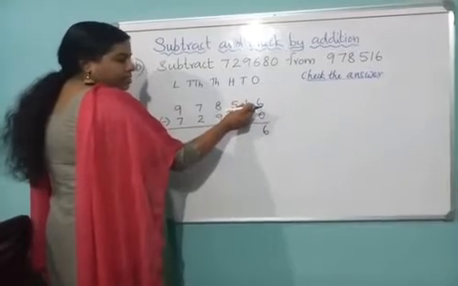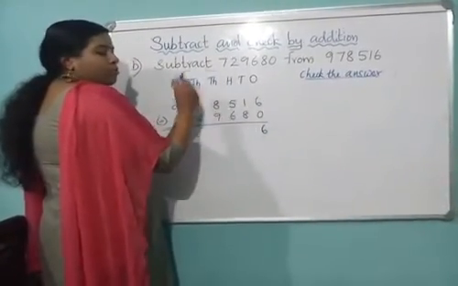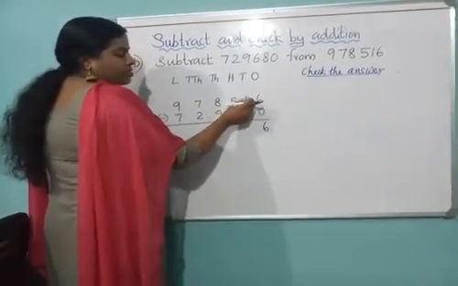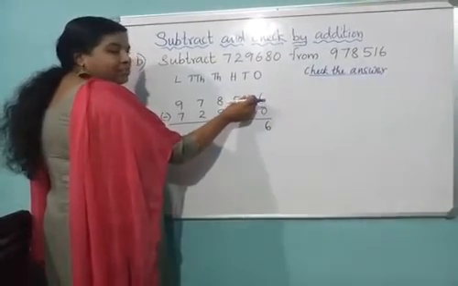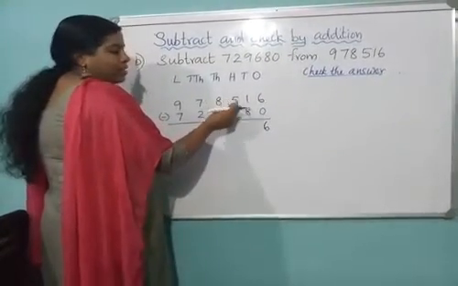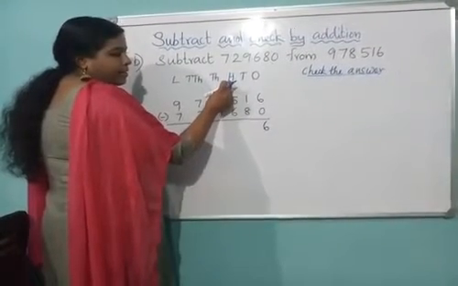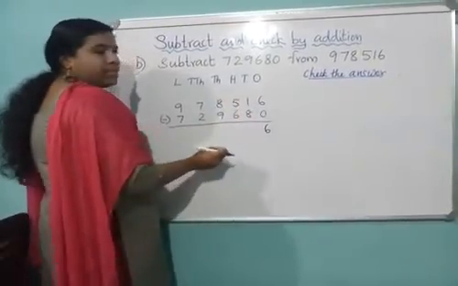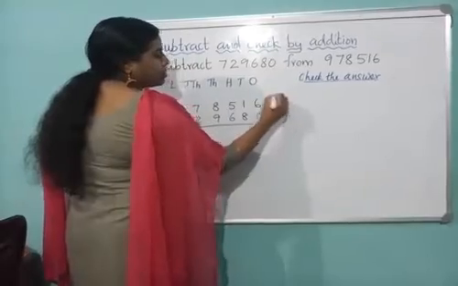In such cases, while doing subtraction, you should borrow 1 from the next place. Here 1 minus 8, so 1 is smaller than 8. We should borrow 1 from the next place. The next place has 5 groups of 100, so we will borrow 1 group of 100 to the tens place. 1 group of 100 means it is 10.